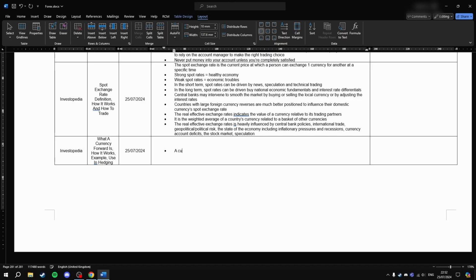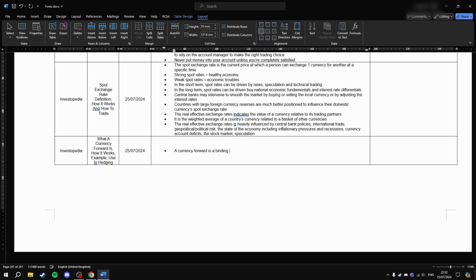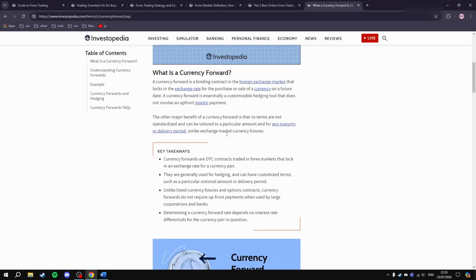A currency forward is a binding contract. Is mandatory the right word for it? You have the obligation.